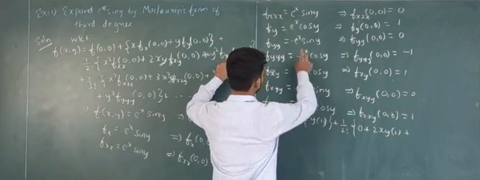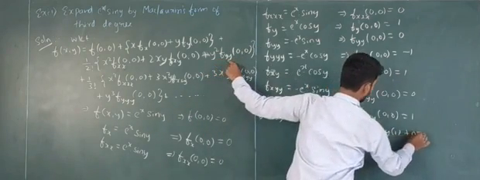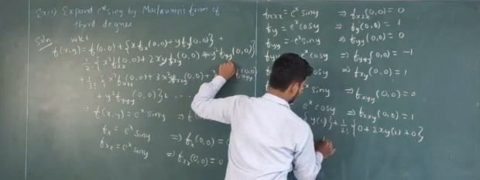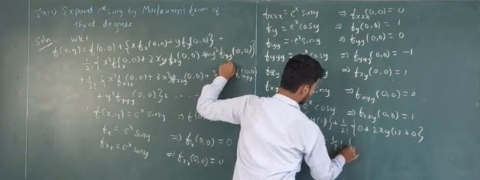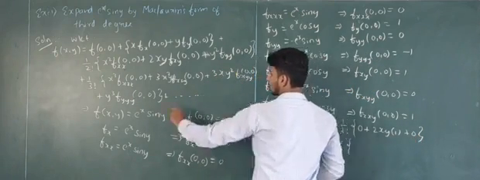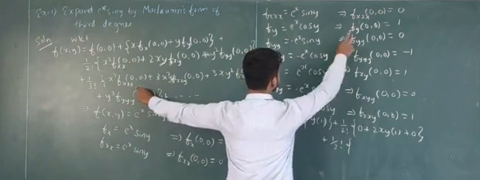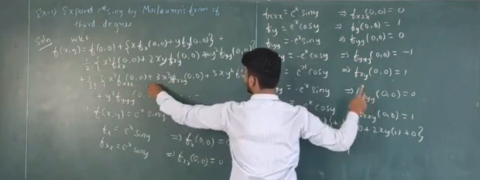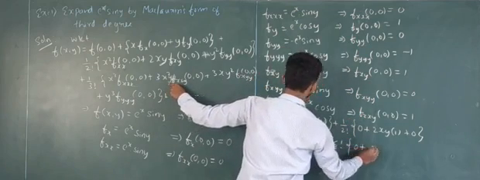Function 2 times with respect to y is 0, so this will be 0 again. Plus 1 by 3 factorial. Function 3 times with respect to x is 0, so this term will be 0.